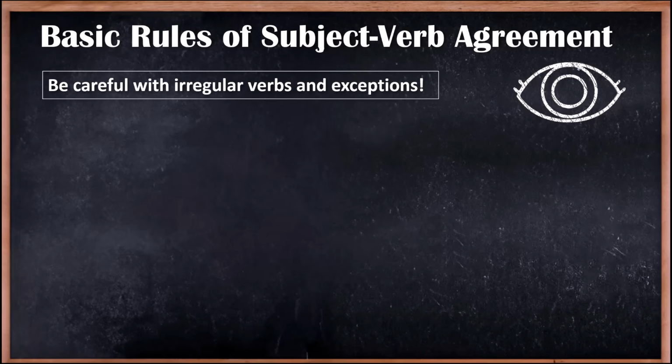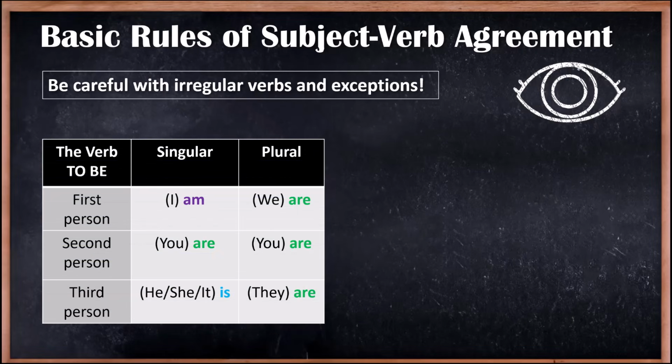You must also be careful with irregular verbs and exceptions. So, the pronouns I and you take plural verbs, as I just showed you. However, there is one verb exception, and that is the verb to be.